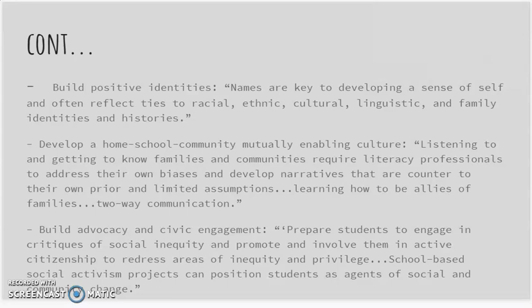Also developing a home, school, community, mutually enabling culture. Like I mentioned above, getting to know families and communities, addressing those biases and narratives, becoming an ally for families and students, and creating that two-way communication.